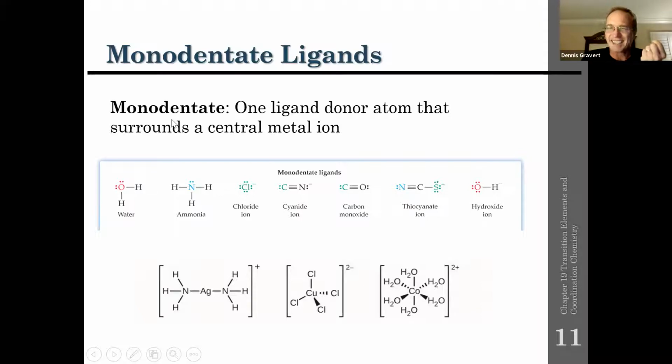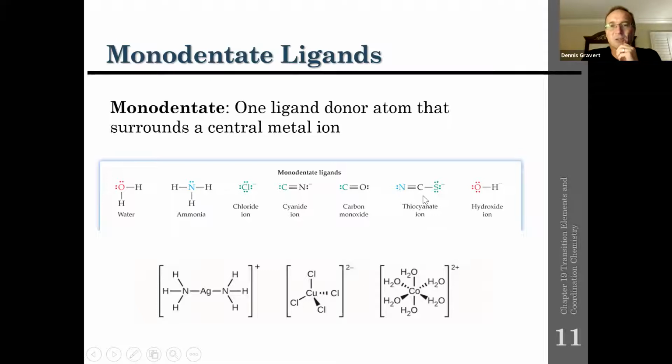And that's the idea, that these molecules bite with one tooth. They attach with one bond. That's what it's saying. So ammonia is a monodentate. It attaches one time, one covalent bond. So is the chloride ion, it's monodentate, biting once. Water, biting once. It attaches with one covalent bond.